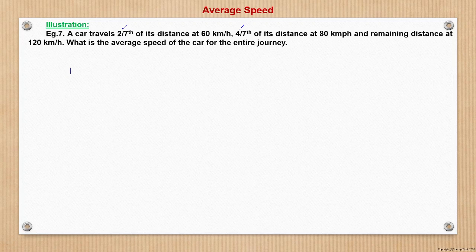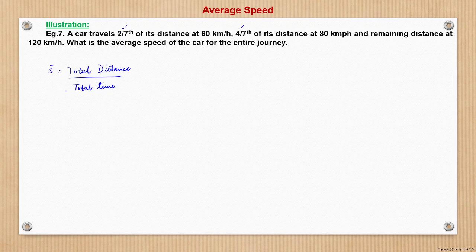Allegation is only valid for two parts, or the mixture of two things, ratio of two things. Here three parts are involved, so we cannot use allegation. So we have to rely upon the generic approach. So here average speed is nothing but total distance upon total time, right? What is total distance?